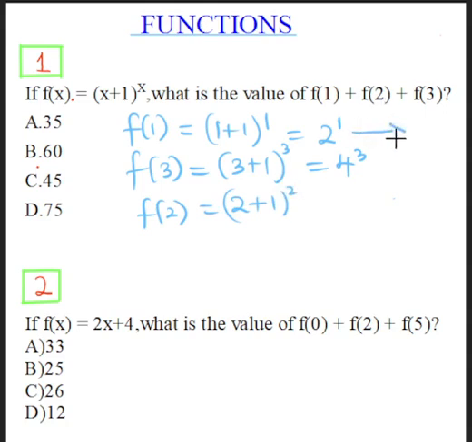So this one gives 2, this one gives 64, and this one is equal to 3 squared, which is 9. Okay, so when we add this together, this is 66, then this is 75. Okay, so the answer here is D.